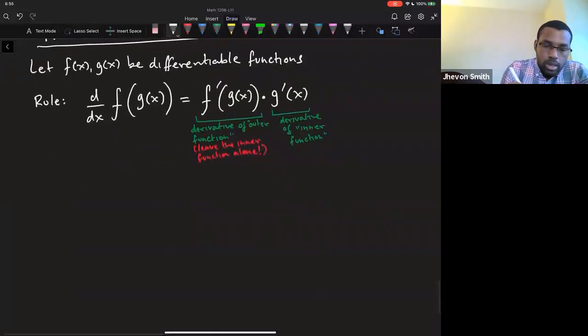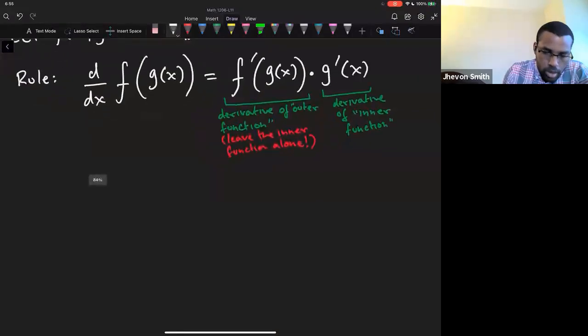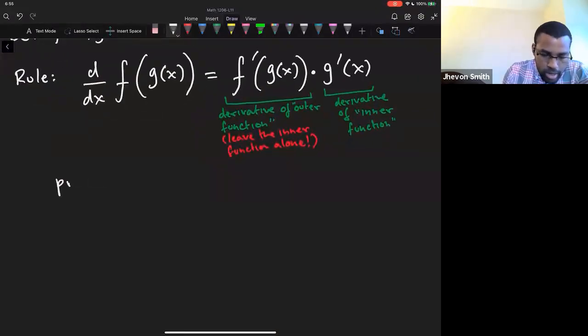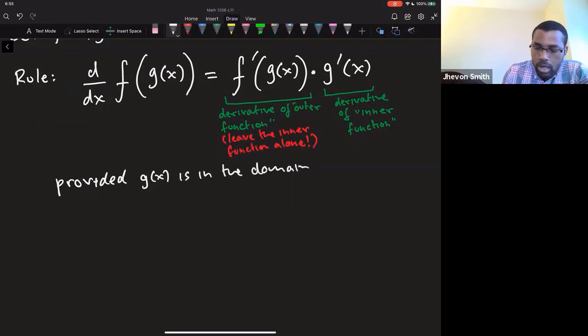And this is, of course, provided that g of x is in the domain of f. So this just means we can compose them. We can take one function, plug it into the other, and it's going to make sense because one is in the domain of the other.